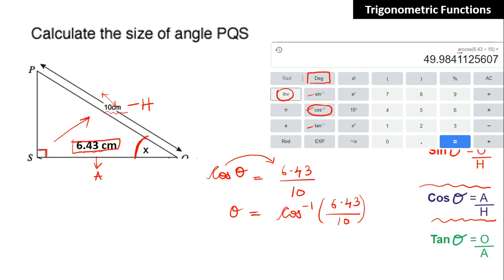When I write that down, it comes like that: arc cos 6.43 divided by 10, which gives me 49.984. So maybe I could just round that off to 50 degrees, because 49.98 is a long one. It's two decimal places, so I don't want that. I want either one decimal place or three significant figures. So I can just round it off to 50, so 50.0 degrees.